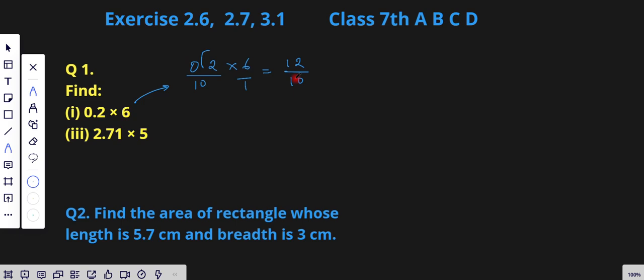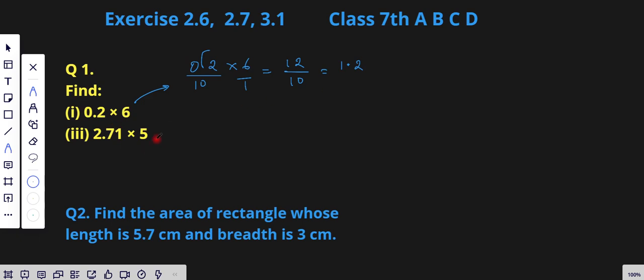If you have 10 in the denominator, then put a decimal after the first digit, or you can say you need to put a decimal before 2. So if you remove this decimal, you will get 12 divided by 10.